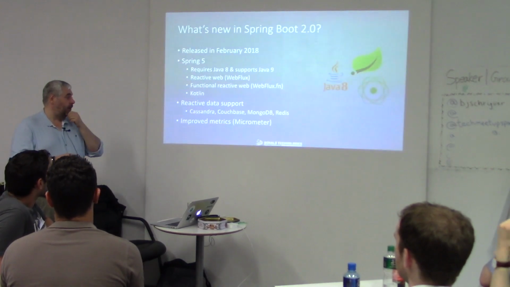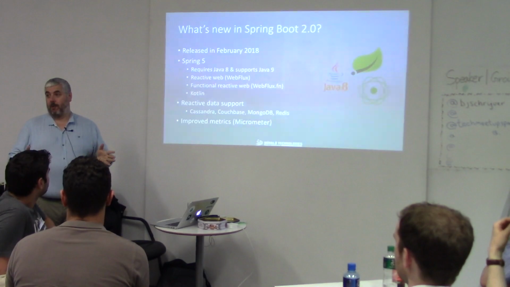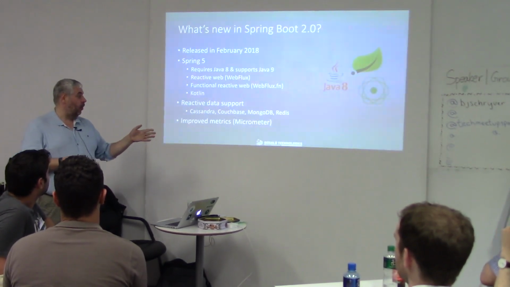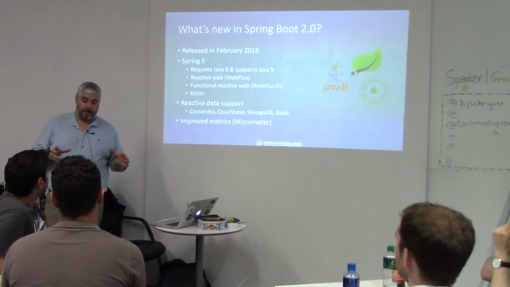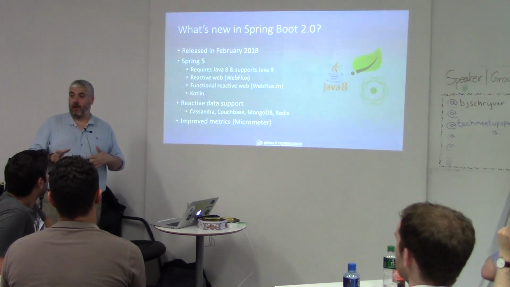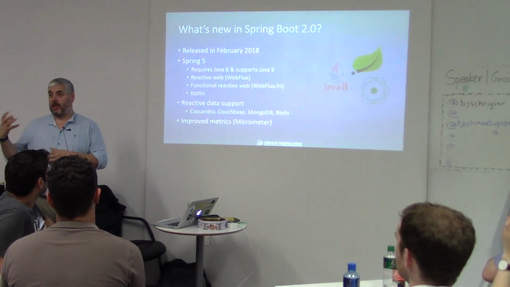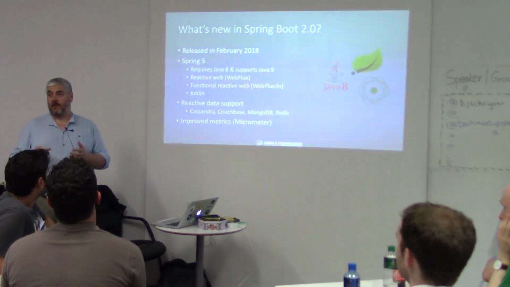And they improved how they do metrics. Before, they used to use Dropwizard metrics in Spring Boot. But now they've created their own project called Micrometer. And they sort of build this as the SLF4J for metrics, right? So the idea is that you should be able to plug in any backend behind this seamlessly.